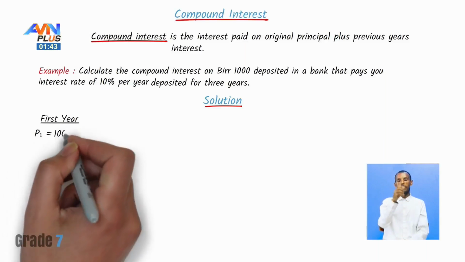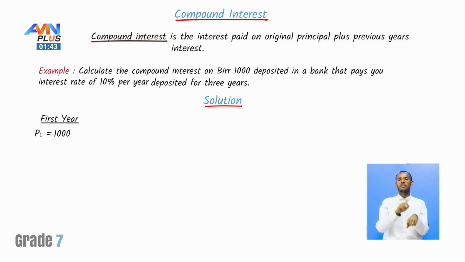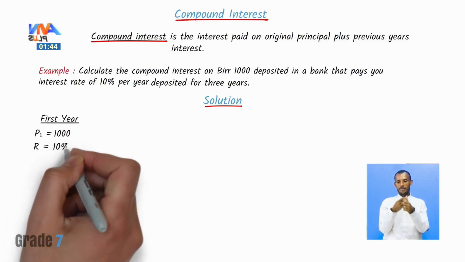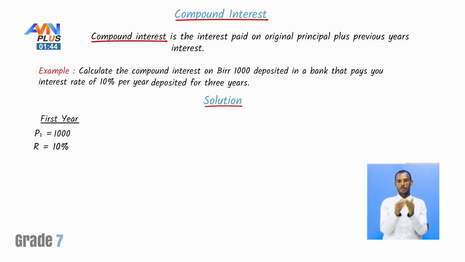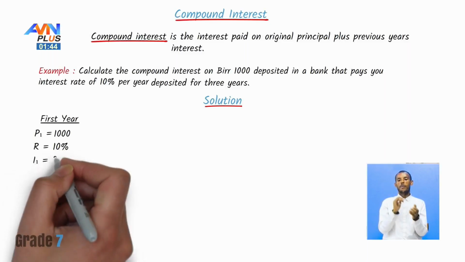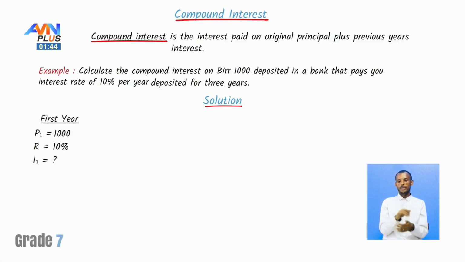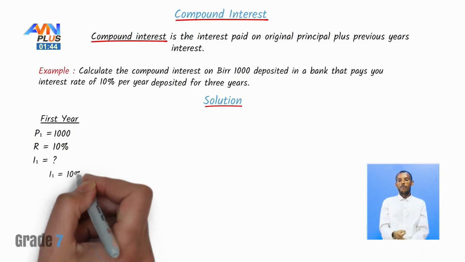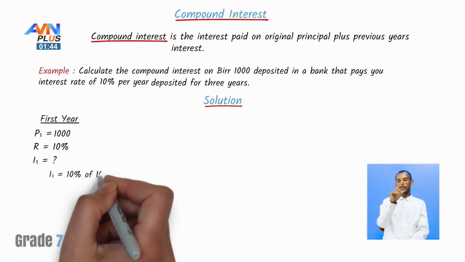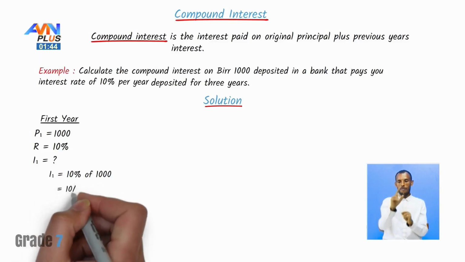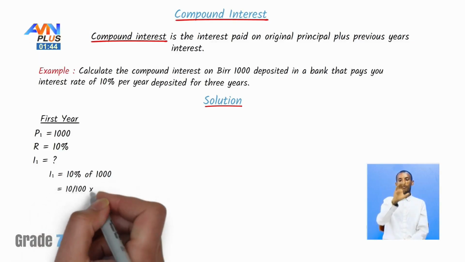Now I can calculate the interest for this year. The interest for the first year is 10% of the deposited amount. So I1, the interest for the first year, will be 10% of 1,000, which is 10 over 100 times 1,000.